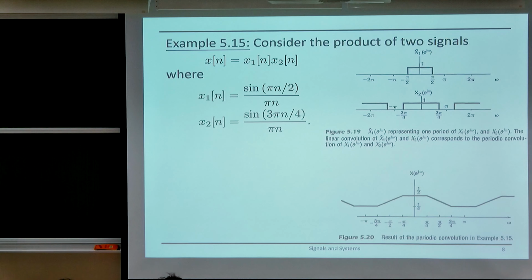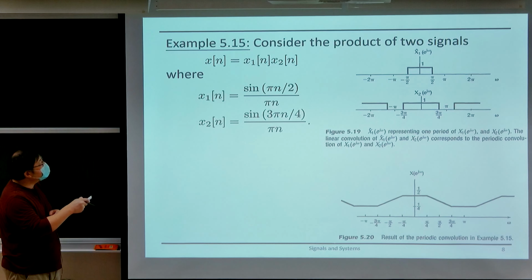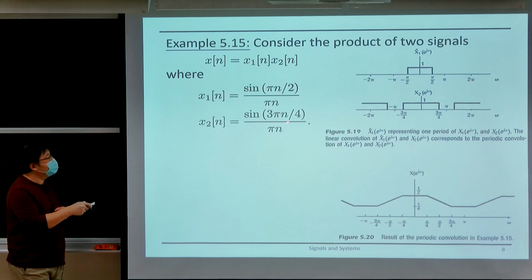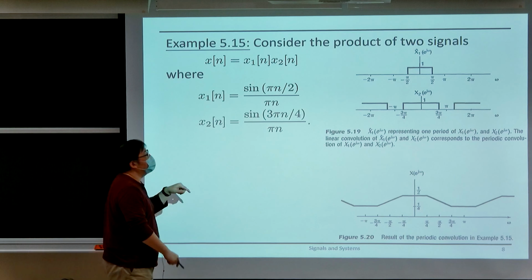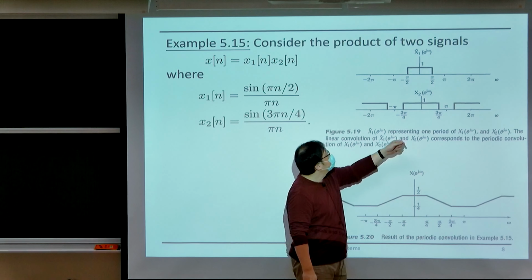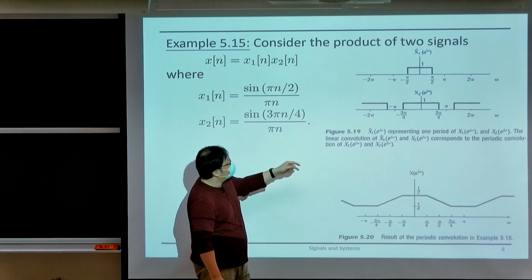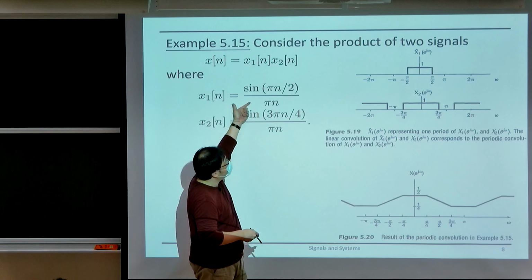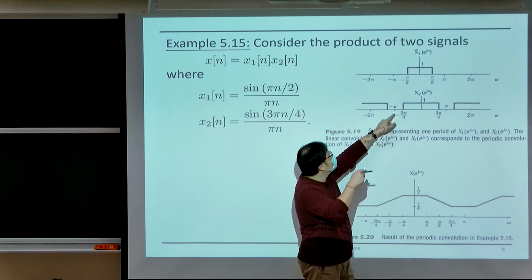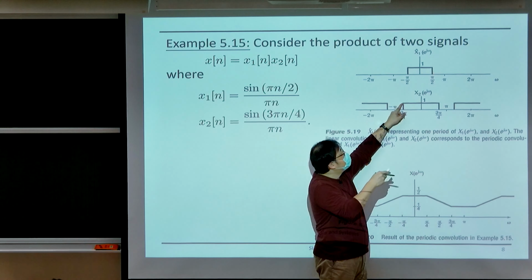All right. So here we're looking at an example where both x1 and x2 are sinc-like functions, and they actually correspond to rectangular spectrums. For x1, you should have a spectrum going from minus pi over 2 to pi over 2, this rectangular spectrum, but it should repeat every integer multiple of 2 pi.